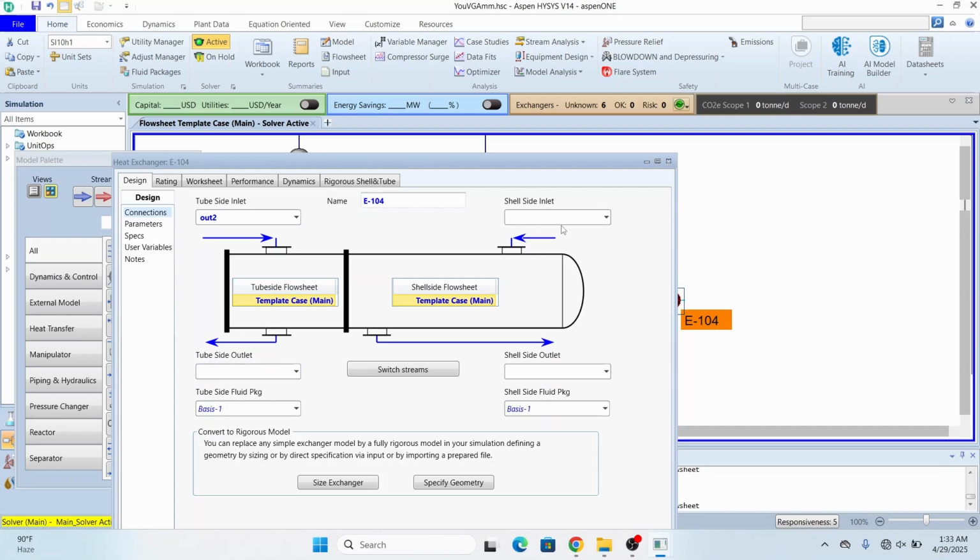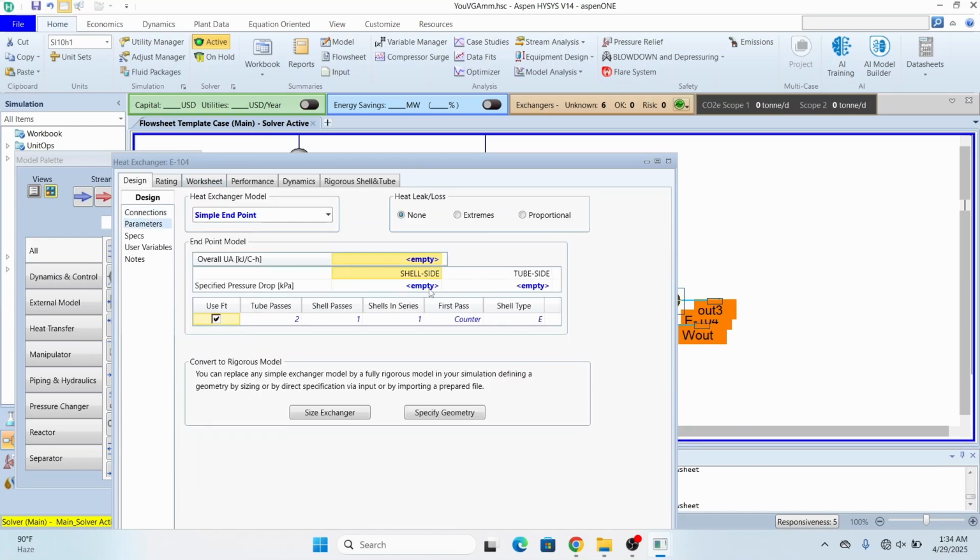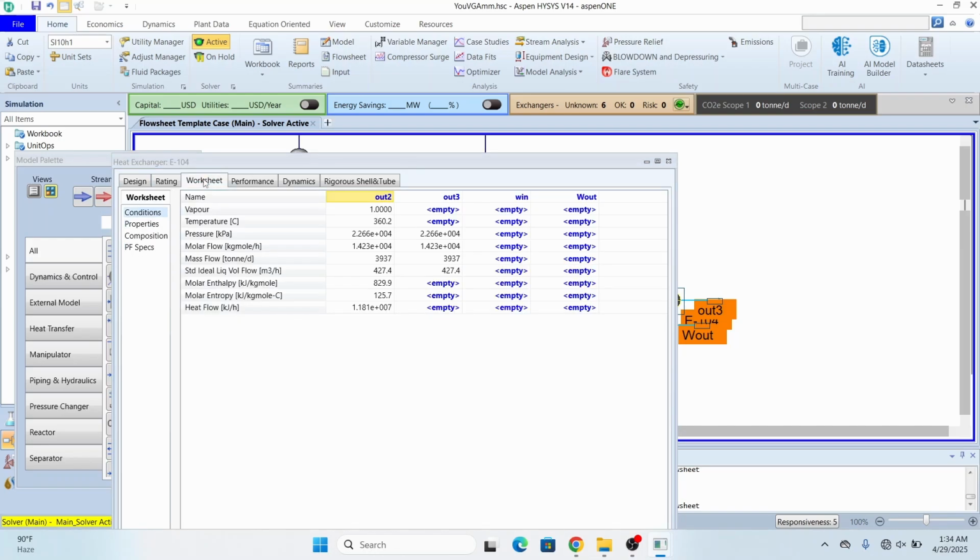After this, on the shell side, you can write W in and W out. Again, go to the parameters and give the pressure drop as 0 for both tube and shell side, and then you will go to the worksheet.